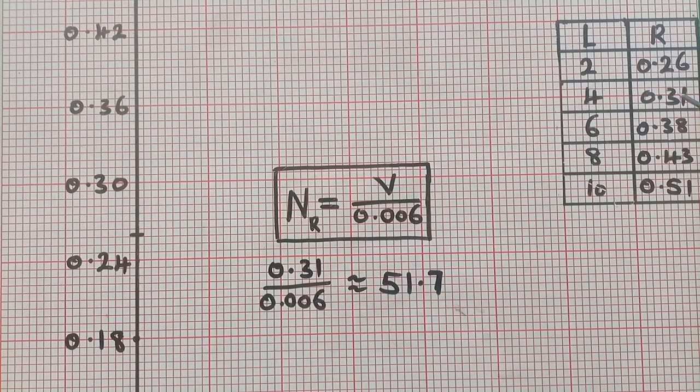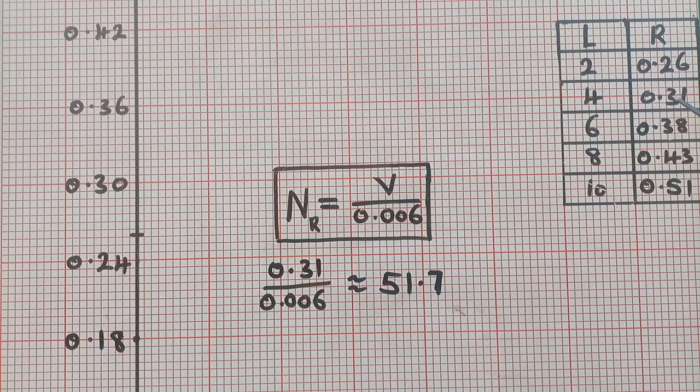The next is locating this 0.31 along this axis. We do it by replacing this V by 0.31. See it done here. 0.31 over 0.006 is approximately equal to 51.7. What does this mean?